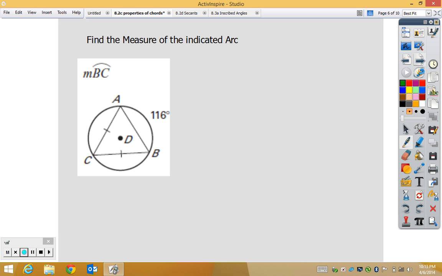So now we want to find the measure of arc BC right here. We're given the measure of arc AB, it's 116. And now because chord AC and chord CB are equal, we know that their arcs are equal. So we can take 360, subtract 116.